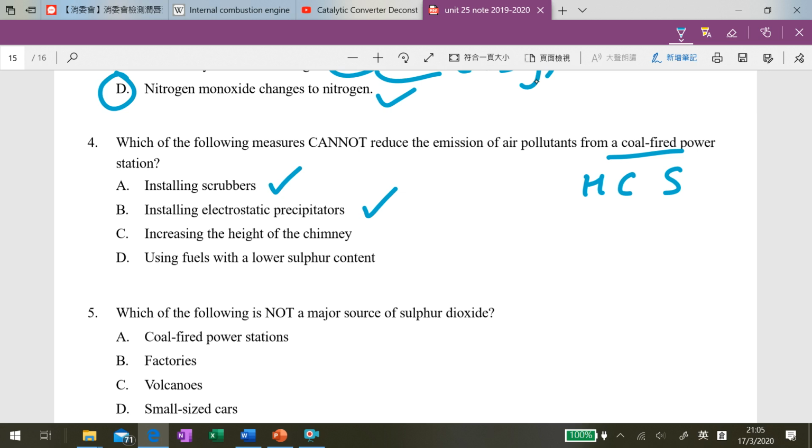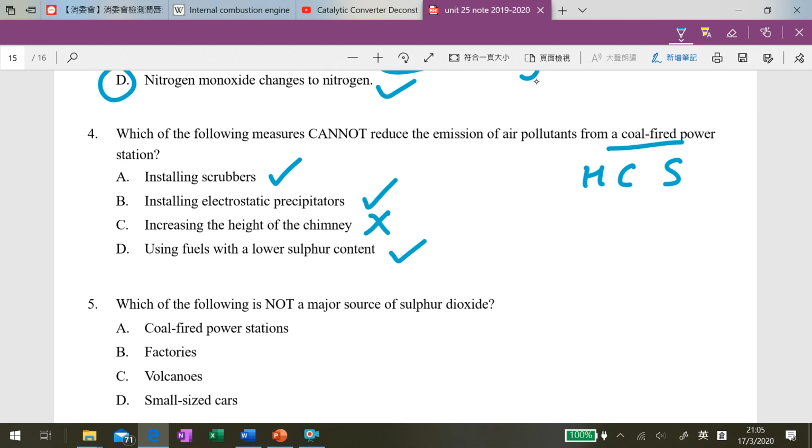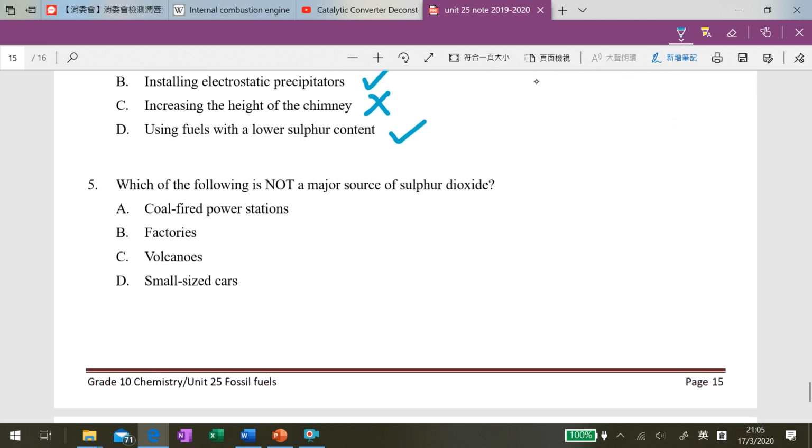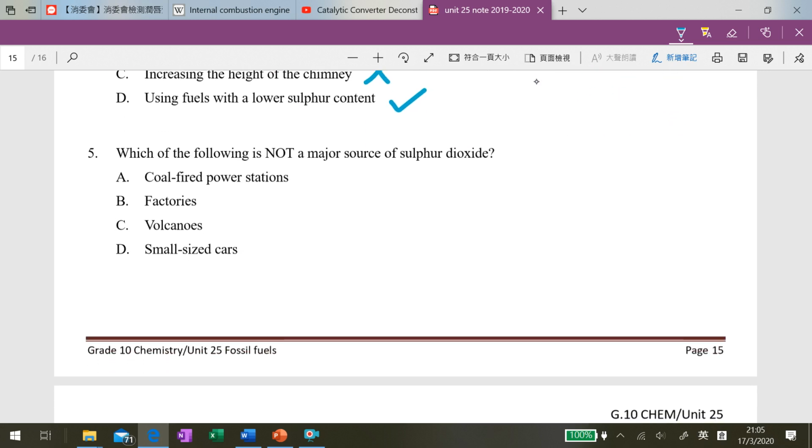Remember, coal is difficult to burn, so unburned hydrocarbon and carbon particulates will be a huge amount. C. Increasing the height of the chimney. This can't help. And the last one, using fuel with a lower sulfur content. That's correct, because if coal has lower sulfur, then less sulfur dioxide will be formed.